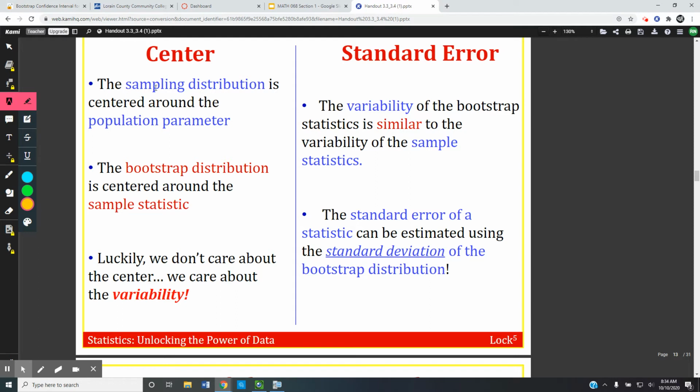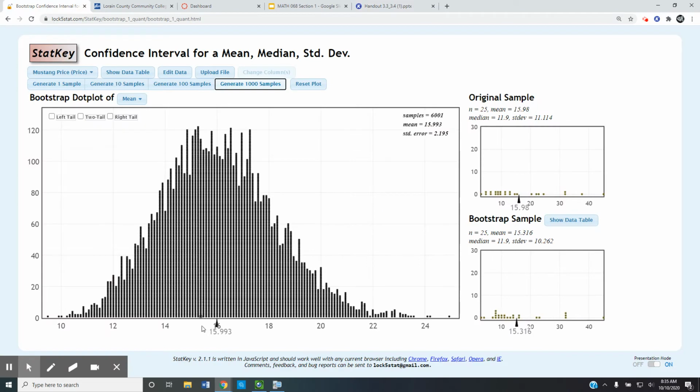When we talk about a sampling distribution, it's going to be around a population parameter because we're going to take many samples from there. When I do the bootstrapping, I'm centering on the statistic. The statistic here, remember, is the mini population, and when I center up here, I'm centering around this data.